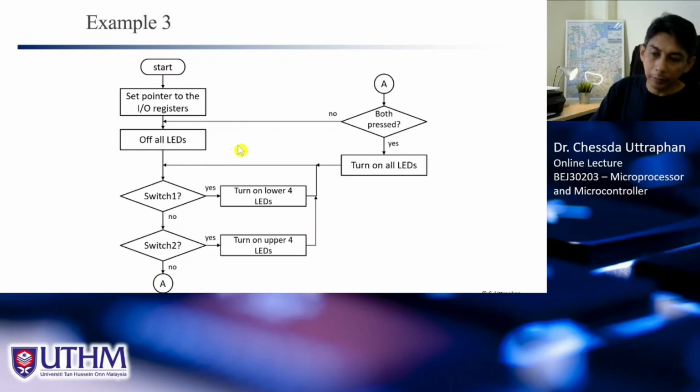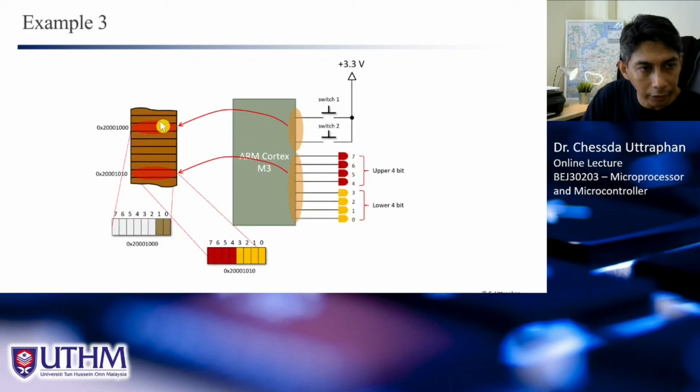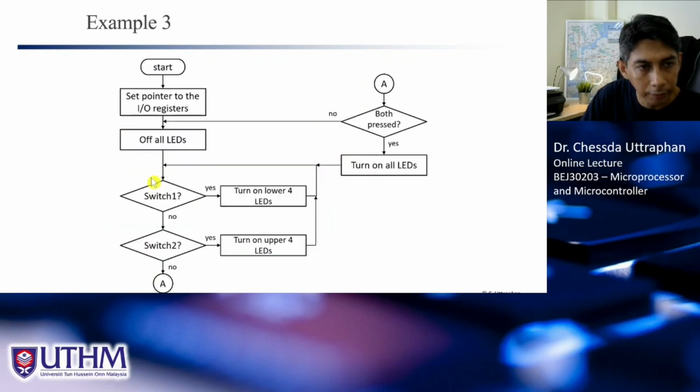So to write the program, again, we need to have the flow chart. This is our planning. The first thing we need to do is set the pointer to the I/O register, input output register. We need to set the pointer to these two registers, because this one is the input, and this one is the output.